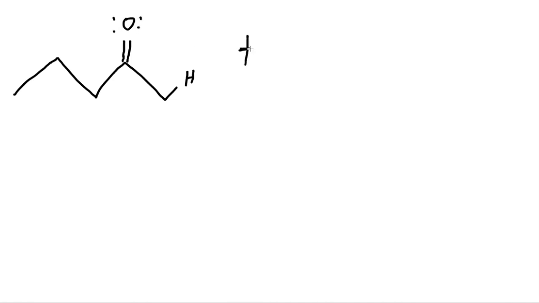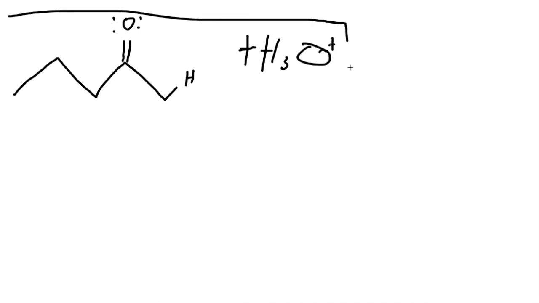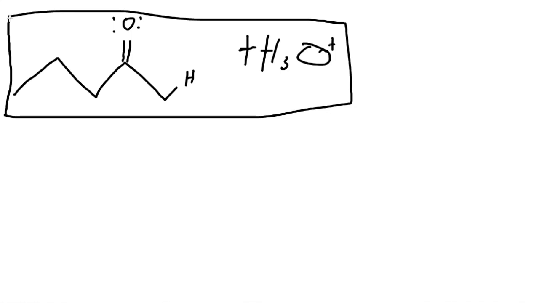Also, going back to that last problem, we have the final mechanism as this, but it is also with H3O plus that we had made. So this, in fact, is our final answer for that structure.